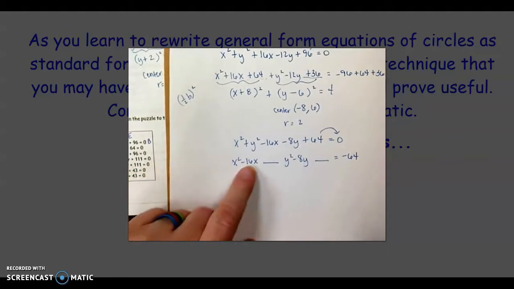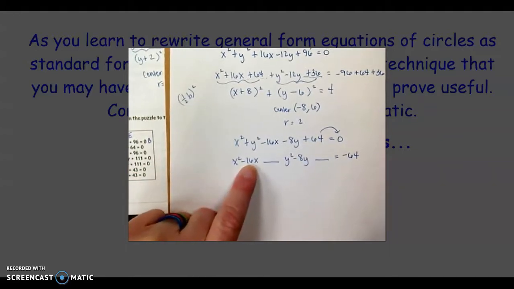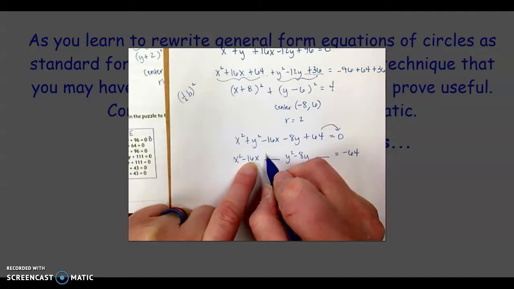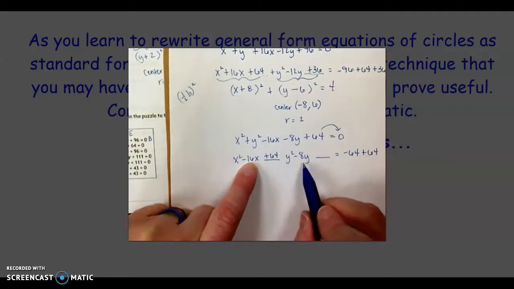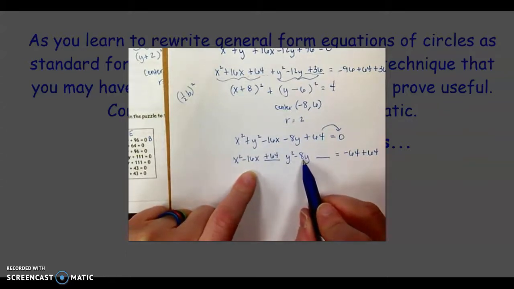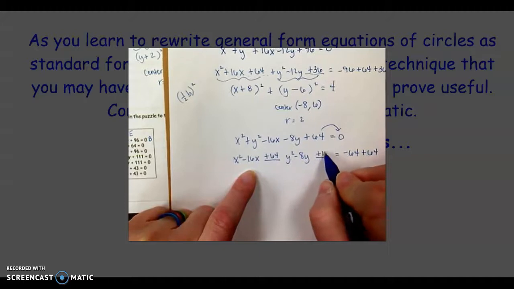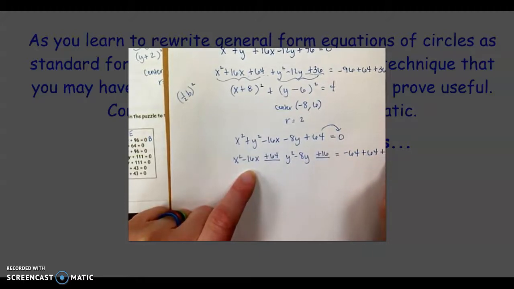So half of b, half of negative 16 is negative 8. Negative 8 squared is positive 64. I'm going to add it over here too. My b here is negative 8. Half of negative 8 is negative 4. Negative 4 squared is positive 16. I'm going to add it over here as well.